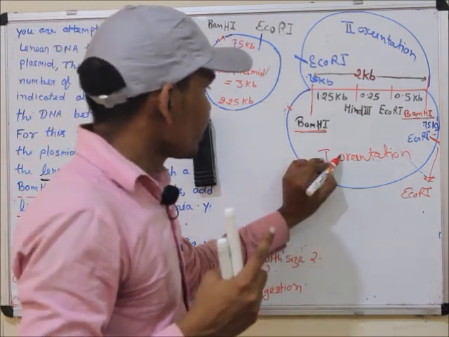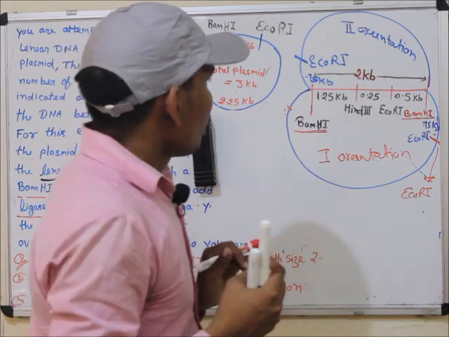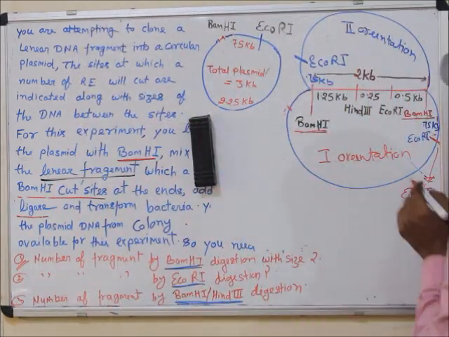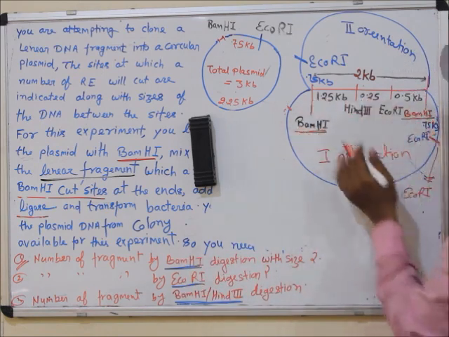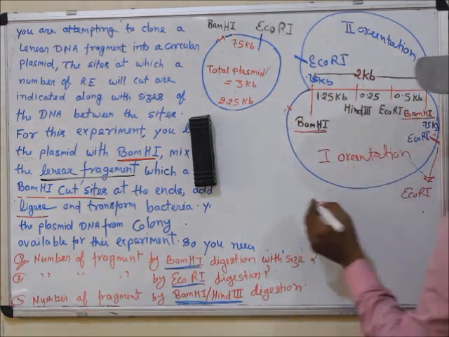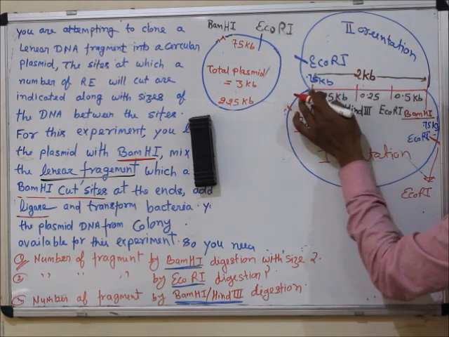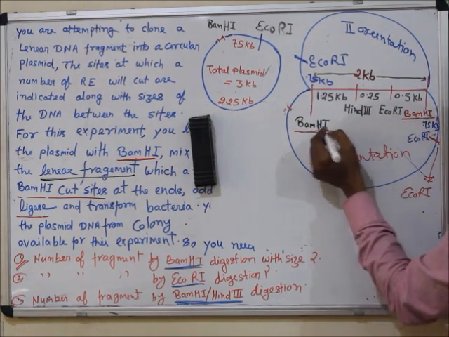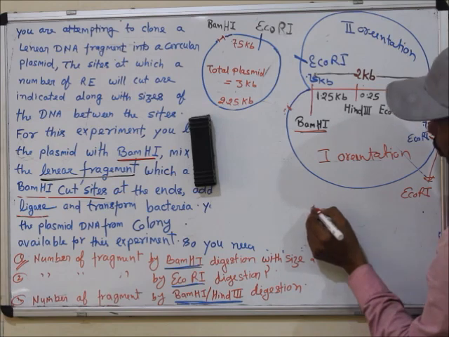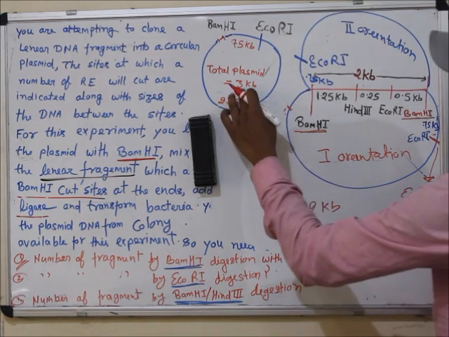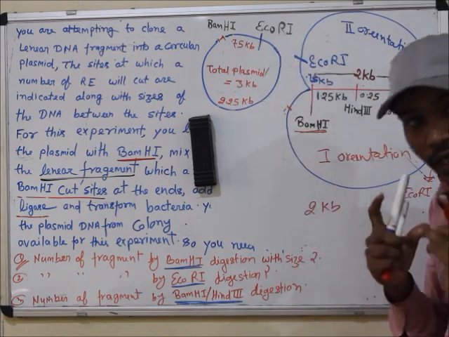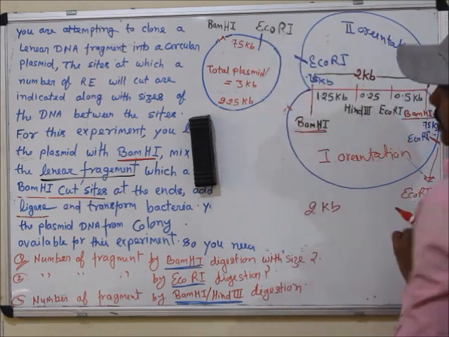So there is the first orientation, and in this condition BamHI is added, then the fragment obtained from this plasmid is 2 kb. This is the 2 kb. BamHI, that is 2 kb plus 3 kb, because we are not adding EcoRI.